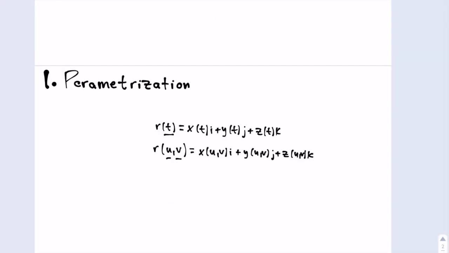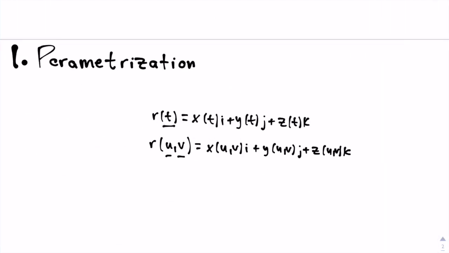And hence we have our vector valued function for our parameterization of a surface. We can say that this vector valued function is defined on a region which we'll call D. This region D is on the uv plane, as the 2 parameters for this vector valued function are u and v.